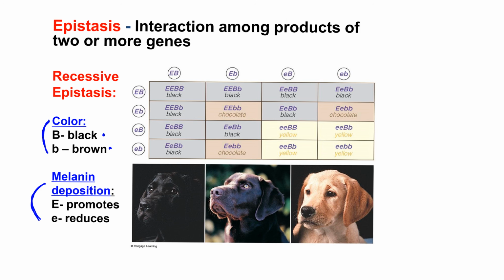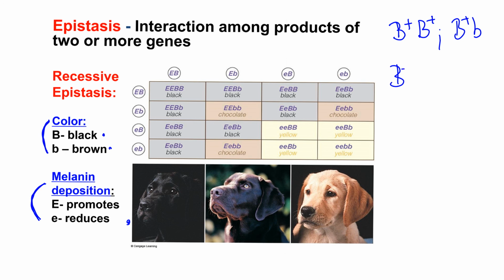So if you have a dog and that dog has black fur, like this one here, this dog firstly has to have at least one dominant allele in gene B, which would synthesize black color. So it can be either homozygous dominant or heterozygous. However, this is not sufficient.